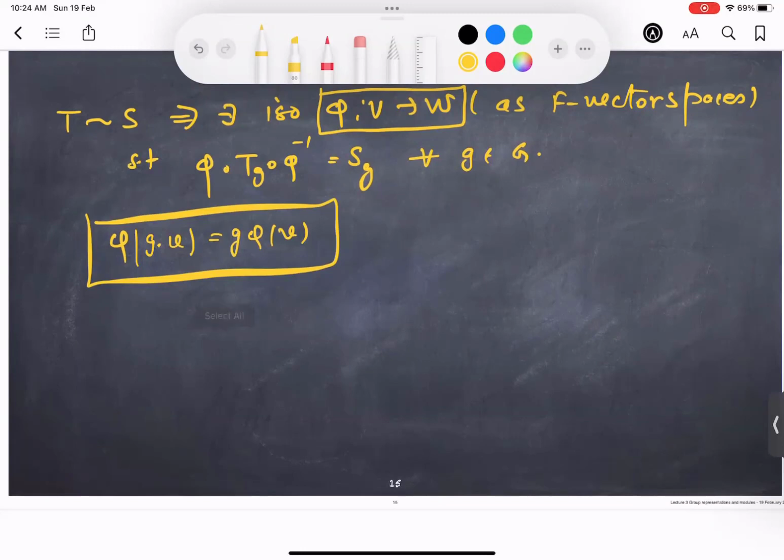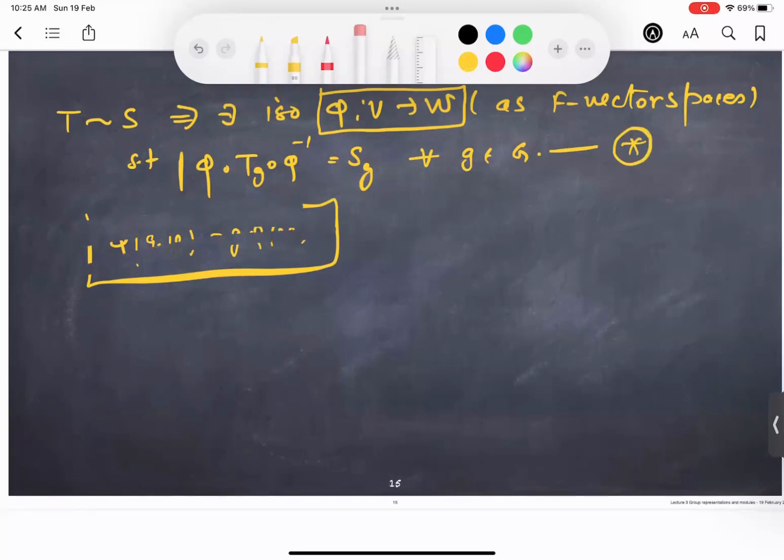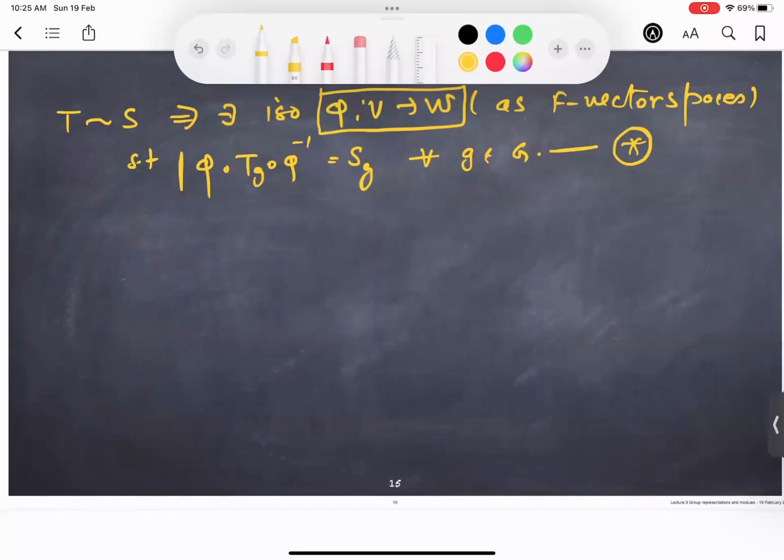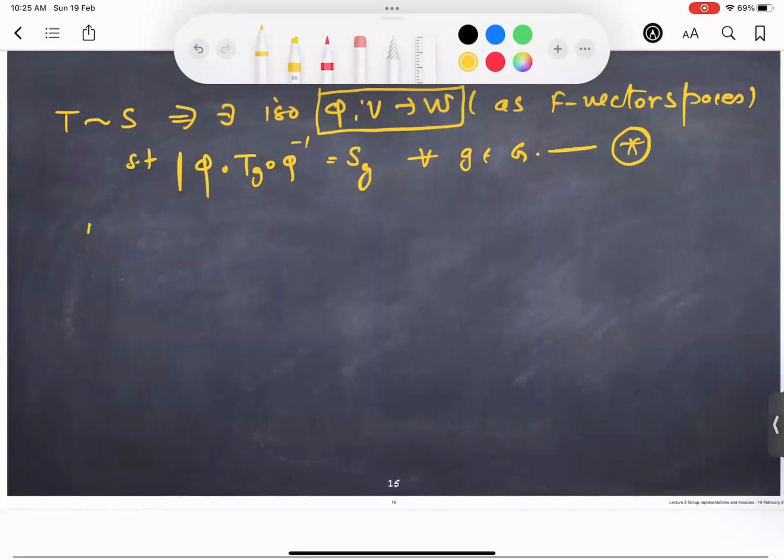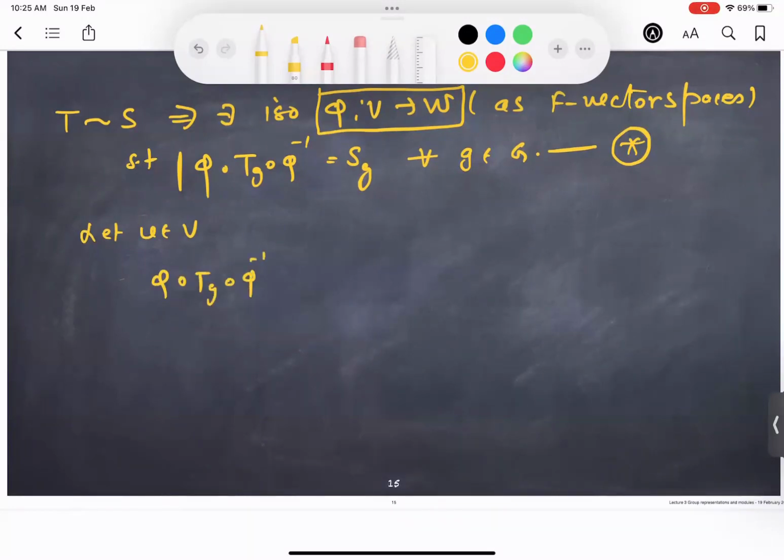This follows from what is given to you. This is my star. I will derive whatever I want from this star. Now you apply this on phi v. You take an element v in V, and now you apply this on phi v.